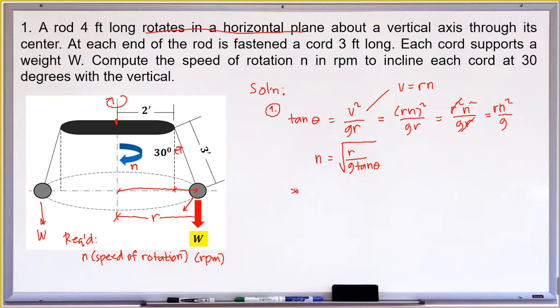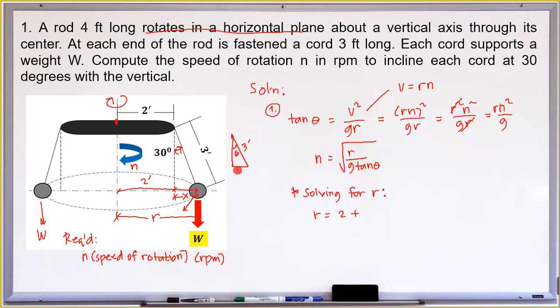We don't have R yet, so solving for R, from the illustration, R is equal to 2 feet, plus this one, x. Let's say this is x. From the figure, the length of the cord is 3 feet.